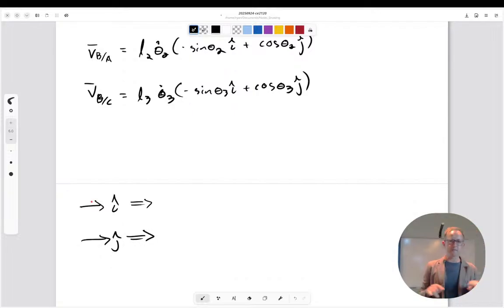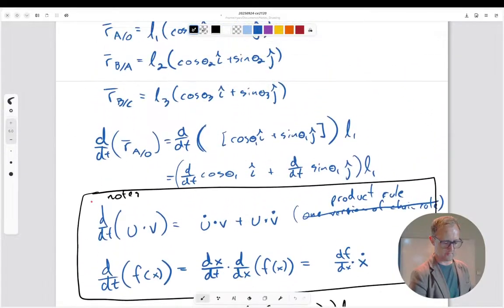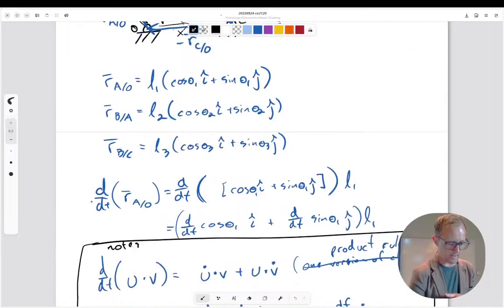So with the vector rule, I'm going to scroll up and then back down so I can write it out. We had this vector equation, VA, VBA, VCB, all add up to 0. So I can write all that out.